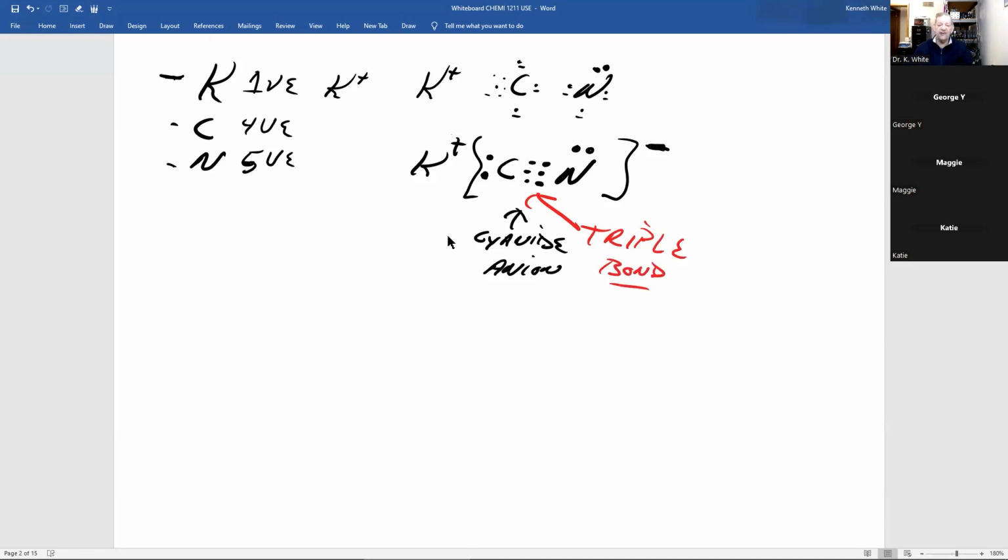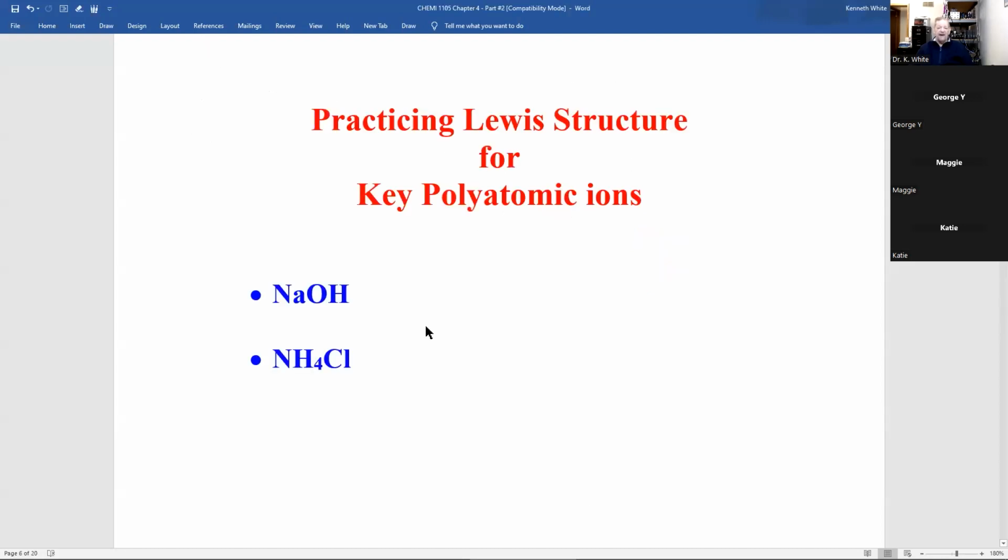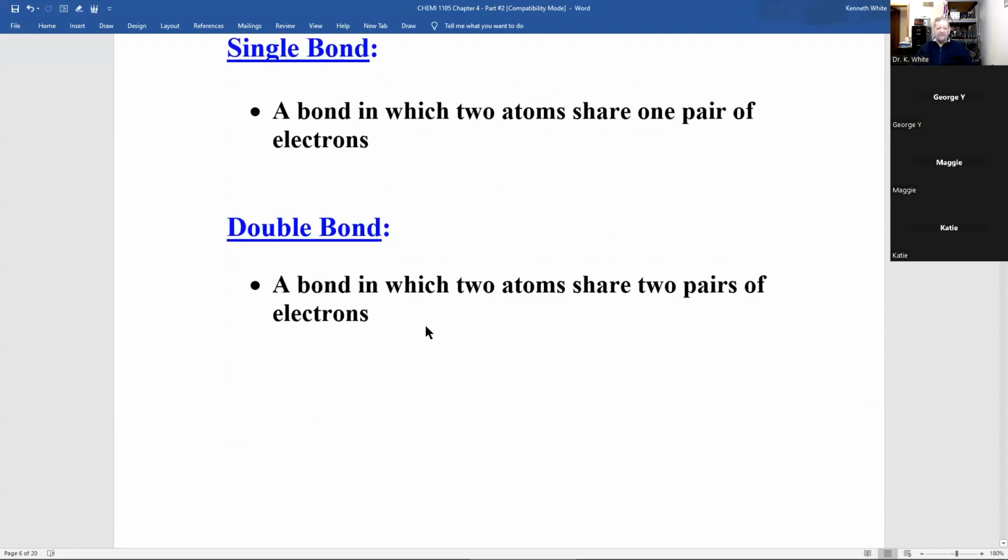So this molecule has 2 types of chemical bonds. Between the potassium cation and the cyanide anion, there is an ionic bond. Between the carbon and nitrogen in the cyanide anion, there's a triple bond. And that's how you do polyatomic ions.